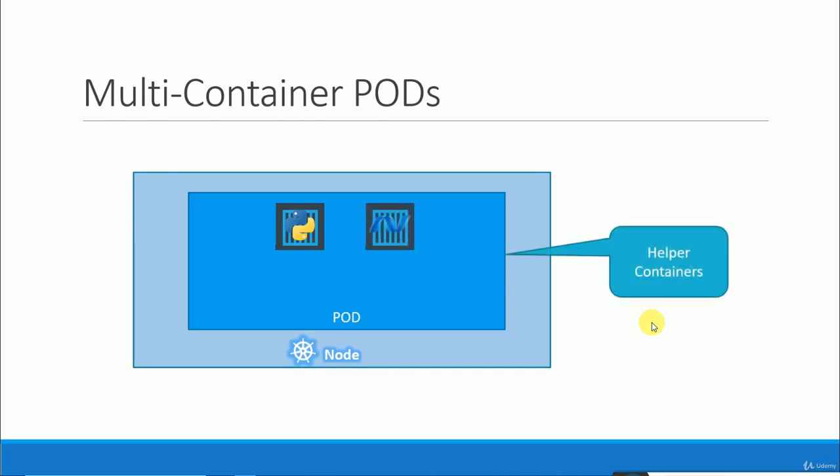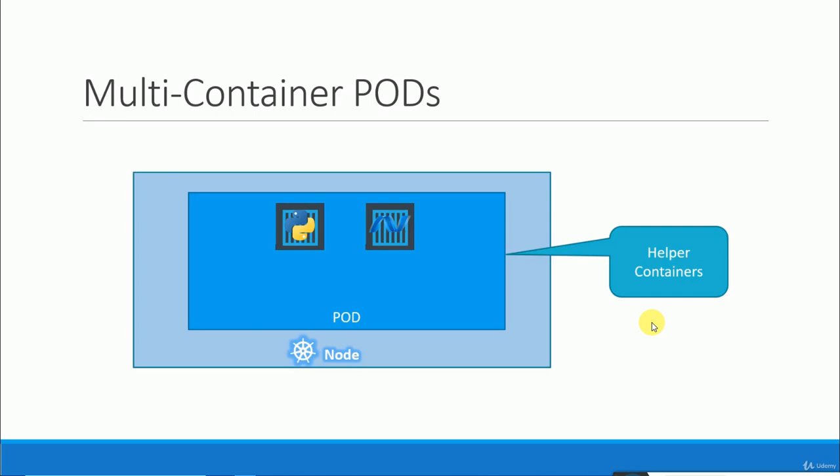But sometimes you might have a scenario where you have a helper container that might be doing some kind of supporting task for our web application, such as processing a user-entered data, processing a file uploaded by the user, etc. And you want these helper containers to live alongside your application container.